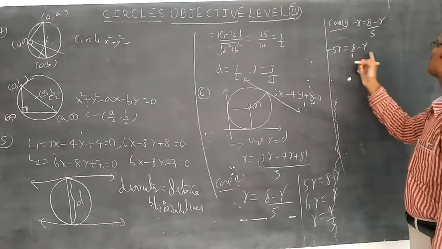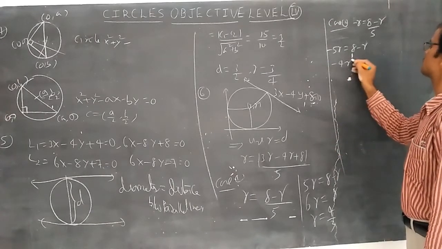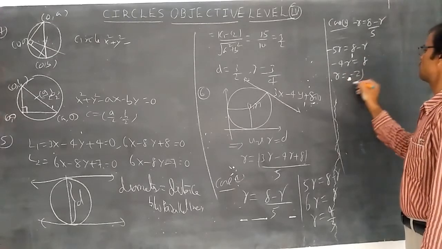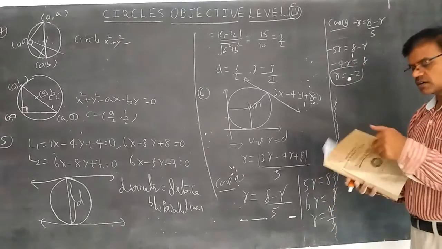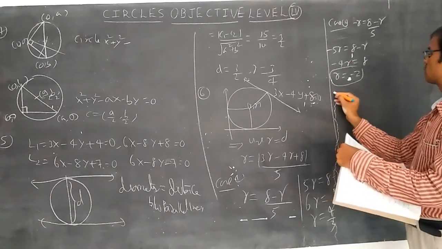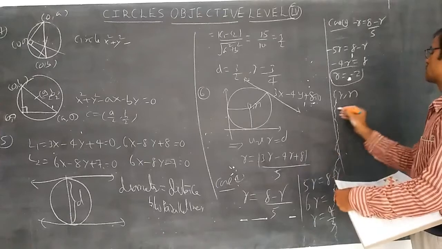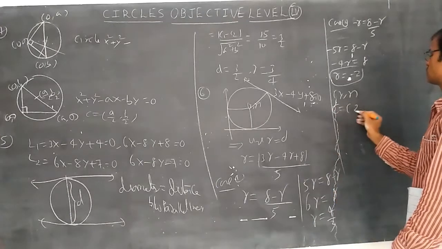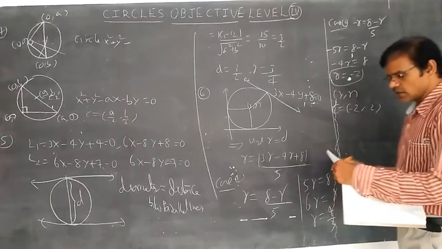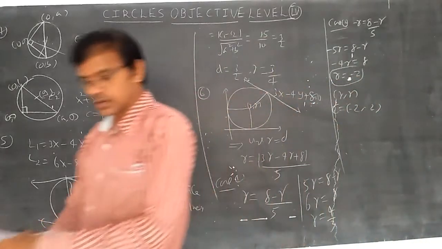Minus 5r plus r, minus 4r is equal to 8. r is equal to minus 2. Of course, radius is not negative. But according to the concept, the center C you can write as minus 2 comma minus 2. According to the options, it is the second option.